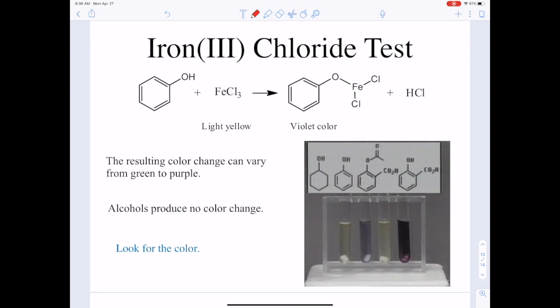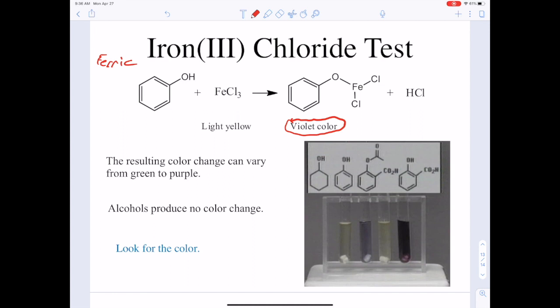For the phenols themselves, we have the iron 3 chloride test. Iron 3 is the ferric ion, so you might hear it referred to as ferric chloride. So what happens is we get this reaction where the iron becomes bonded to the oxygen, and that forms a compound having color.